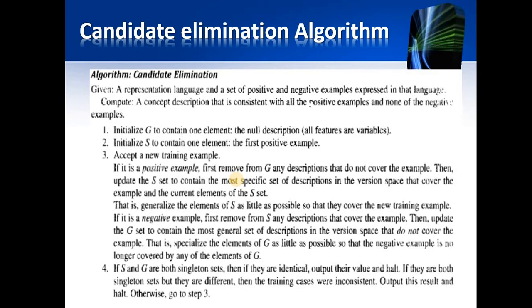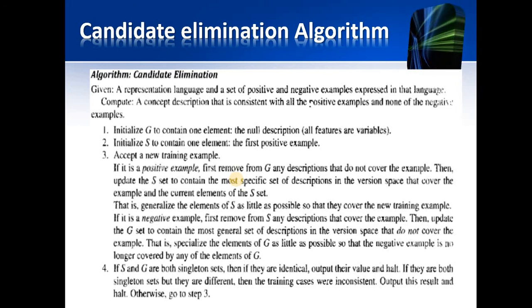If it is a negative example, first remove from S any description that covers the example. Then update the G set to contain the most general set of descriptions in the version space that do not cover the example. Then update G. G should be more specific.